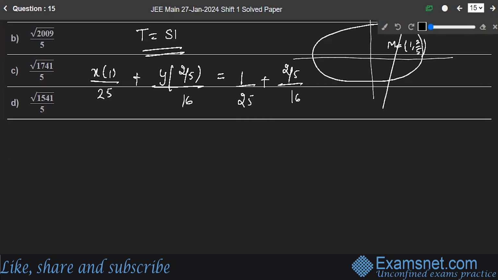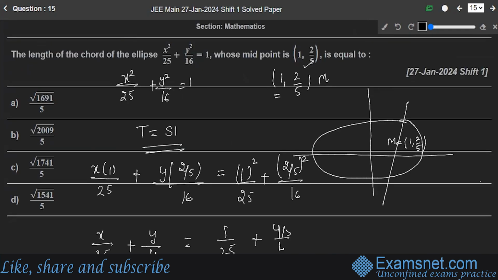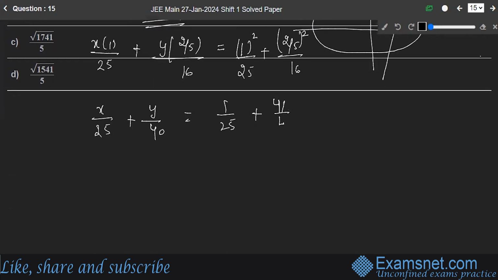Let's open it up. This will be x by 25 plus y upon 40. This is equal to 1 by 25 plus, I forgot to put the square over here, so this will be 4 by 25 upon 16.